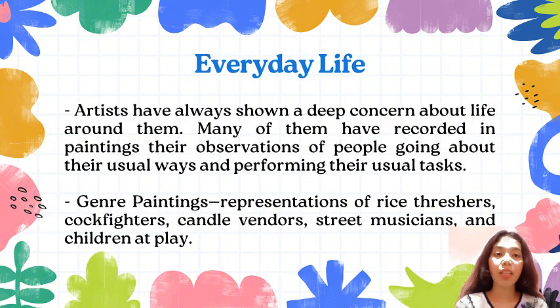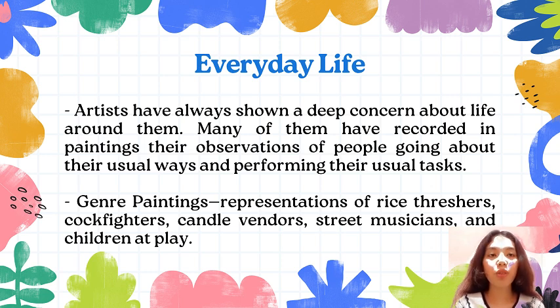Next is everyday life. Artists have long been interested in capturing everyday life, the ordinary moments and routines of the people around them. Many painters choose to observe and portray people doing their daily activities, like working, playing, and socializing, to reflect the real world they live in. These kinds of artworks are called genre painting.